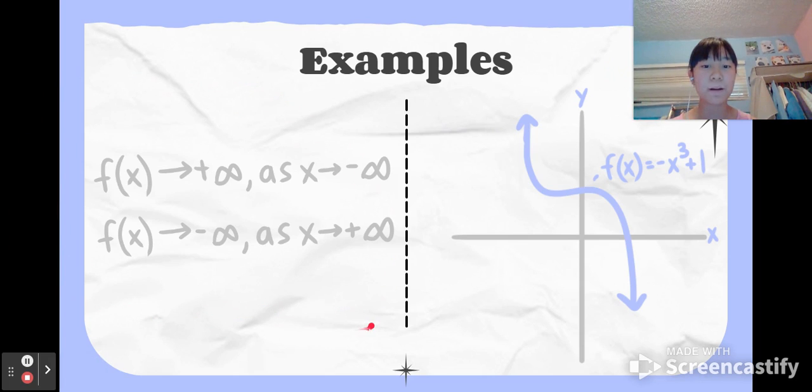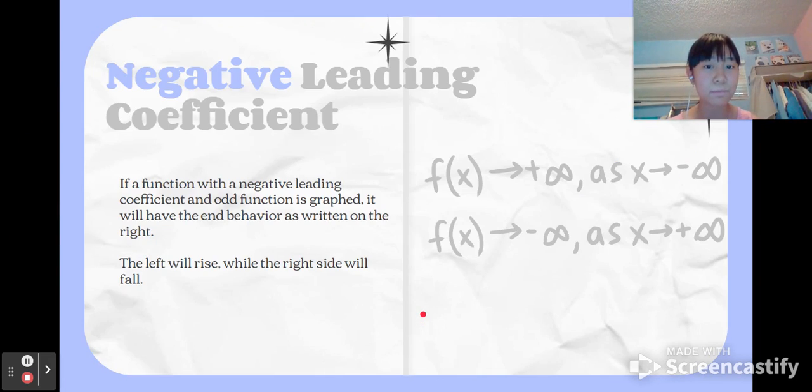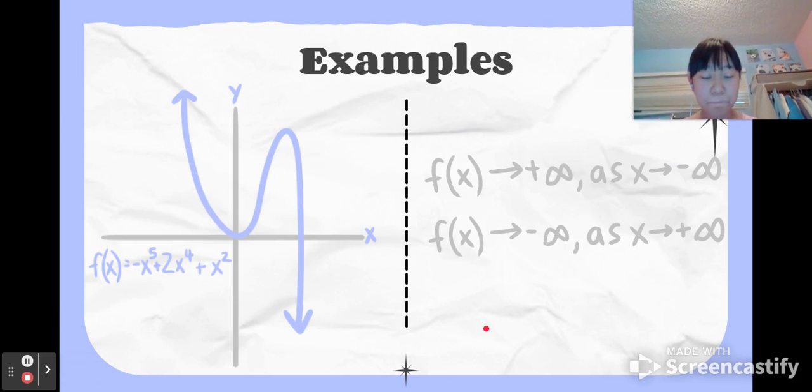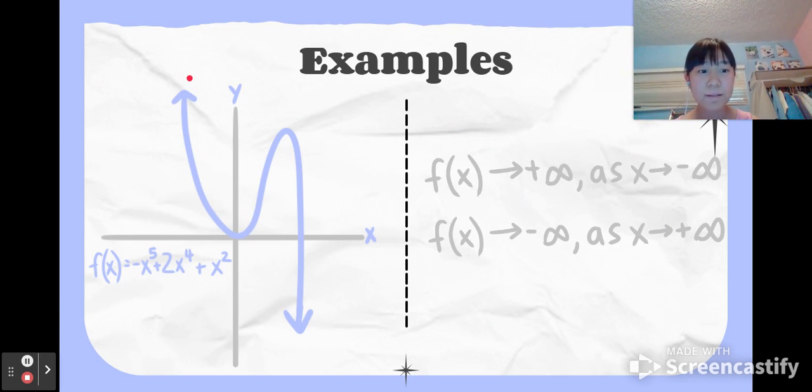Right here, this end behavior is true, and it has the exact same end behavior as the graph that we will mention now. As f of x approaches positive infinity, x will approach negative infinity. That is true for the left side of the graph. Now let's see if this is true for the right side as well. Yes, the graph is approaching negative infinity on f of x, and x is also approaching positive infinity.